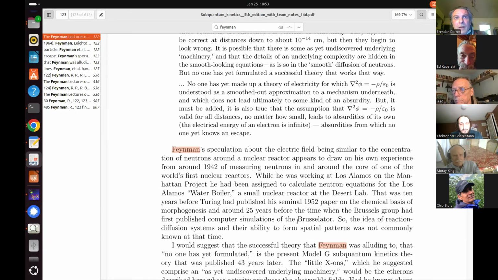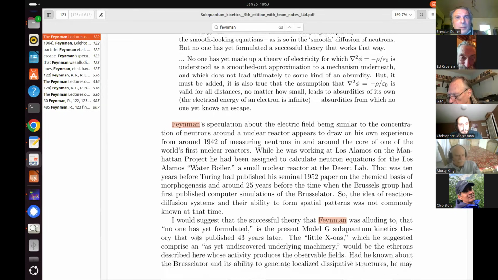So the idea of reaction diffusion systems and their ability to form spatial patterns was not commonly known at the time. I would suggest that the successful theory that Feynman was alluding to, that no one has yet formulated, is the present Model G subquantum kinetics theory that was published 43 years later.